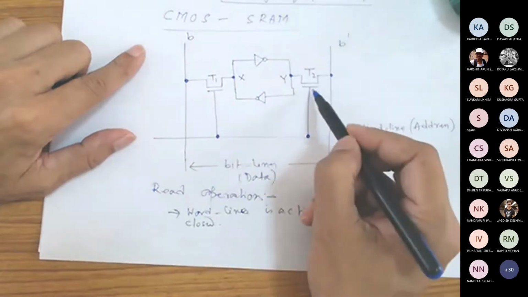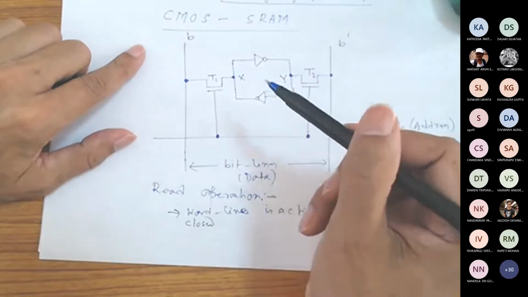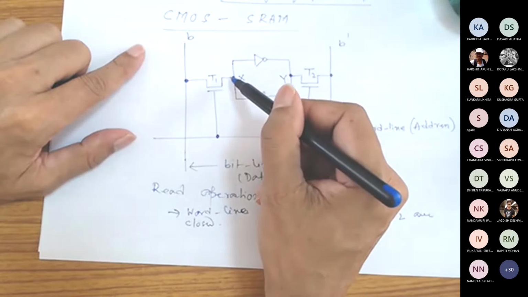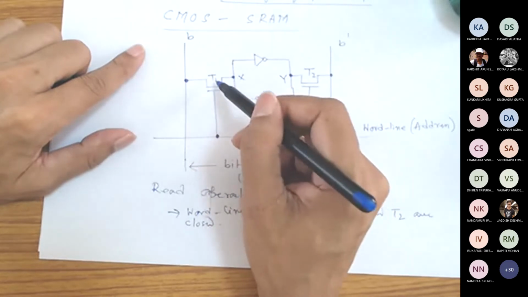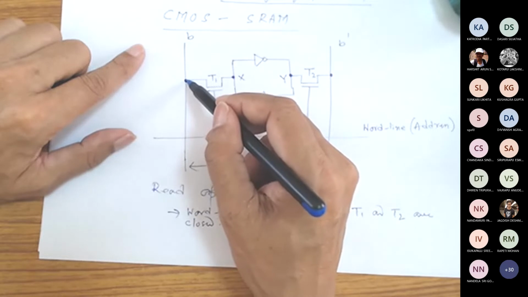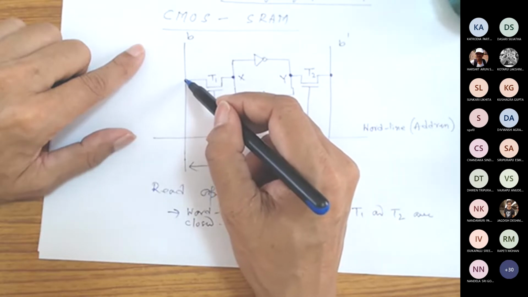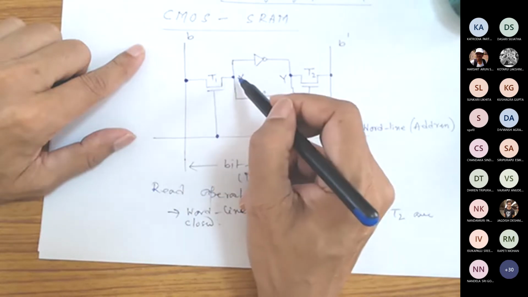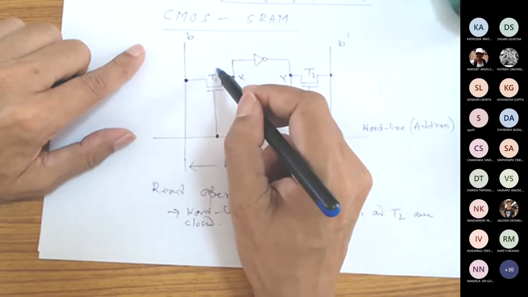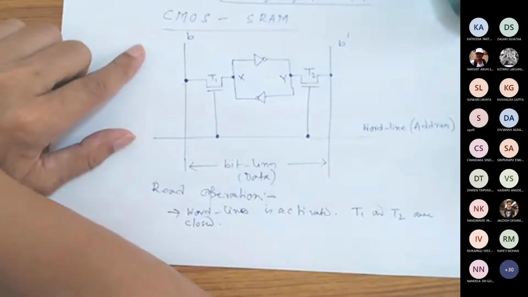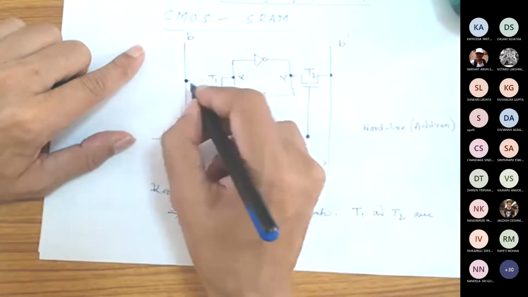That means there is a path. So whatever the voltage at X, that will be passed through here with a slight drop across T1, and that can be sensed here. If you have a sensing circuit which can sense the voltage here, you will get the value of X here, obviously with the drop, because it passes through this transistor. Those electronic equations you can forget for the time being. With the slight drop, you will get X here.